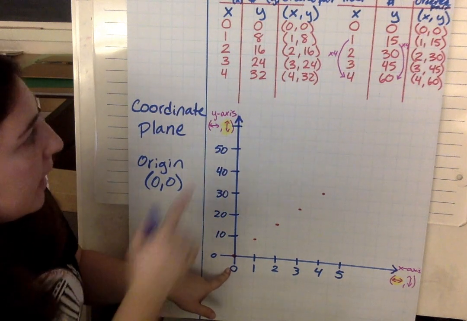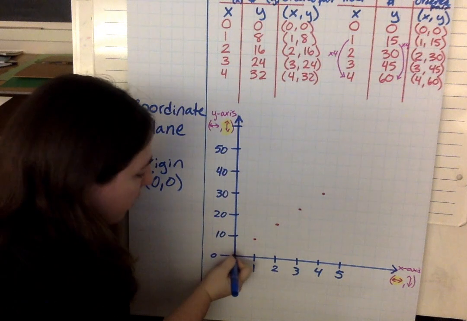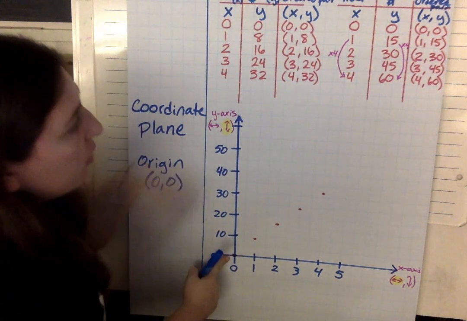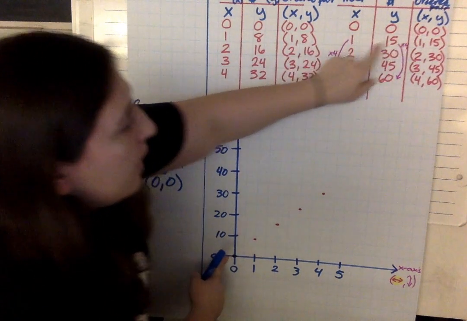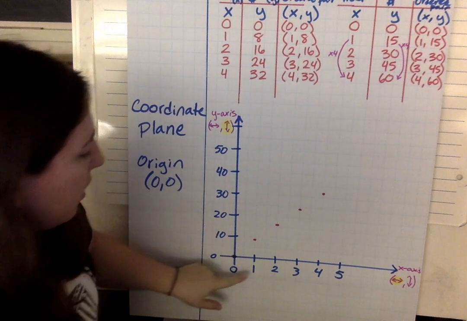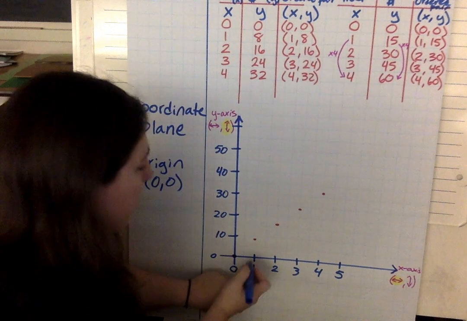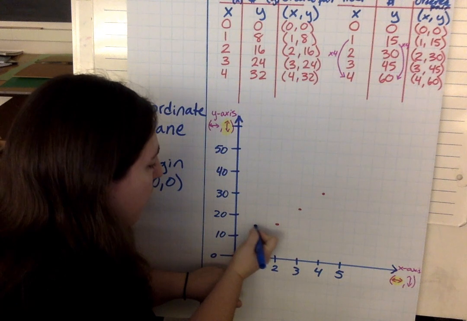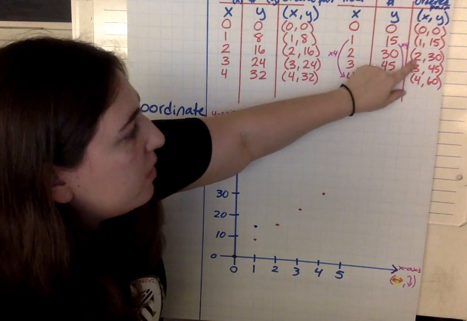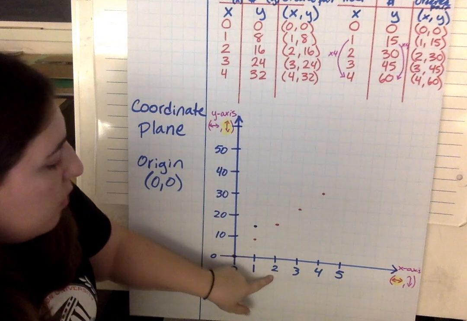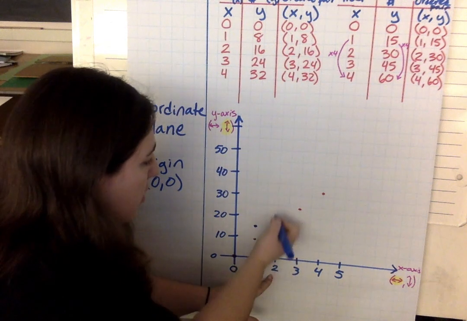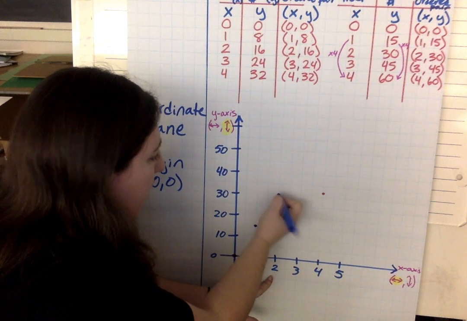Okay, so again, I'm going to graph my ordered pair, which is right here on the origin for 0, 0. Next one would be 1, 15. So here's my 1 for the x and 15 for the y. My next point is 2, 30. So 2 is my x and 30 is my y.